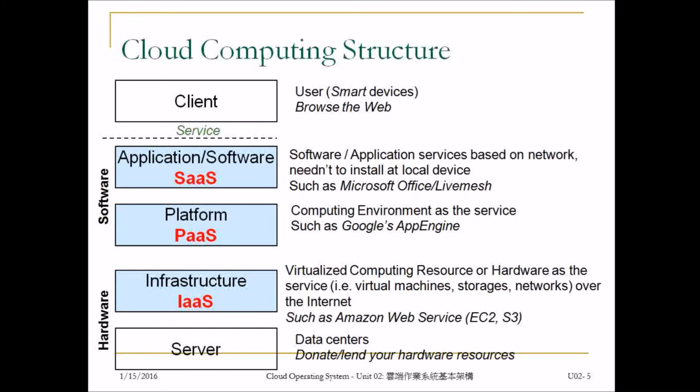The infrastructure as a service is based on the physical computing resource and uses virtualization technology. The physical hardware is virtualized, so the virtualized computing resource will be merged or integrated as a resource pool.